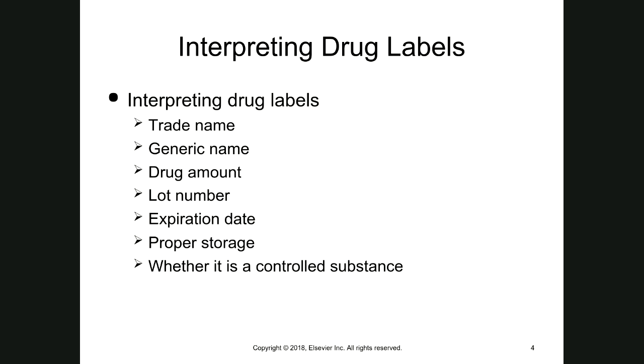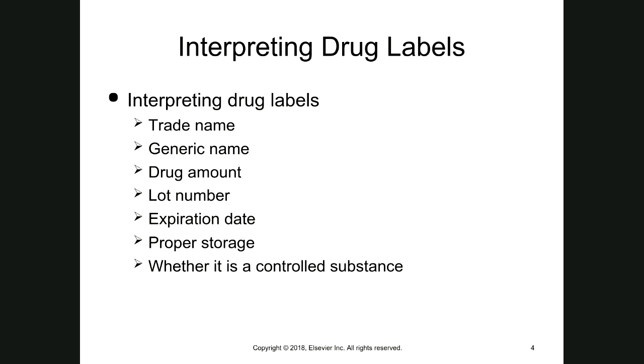On the labels for generic drugs, only the generic name of the drug is listed. The formulation of the drug is the amount per tablet, capsule, unit, or liquid for oral or parenteral doses. Now it's printed on the drug label.